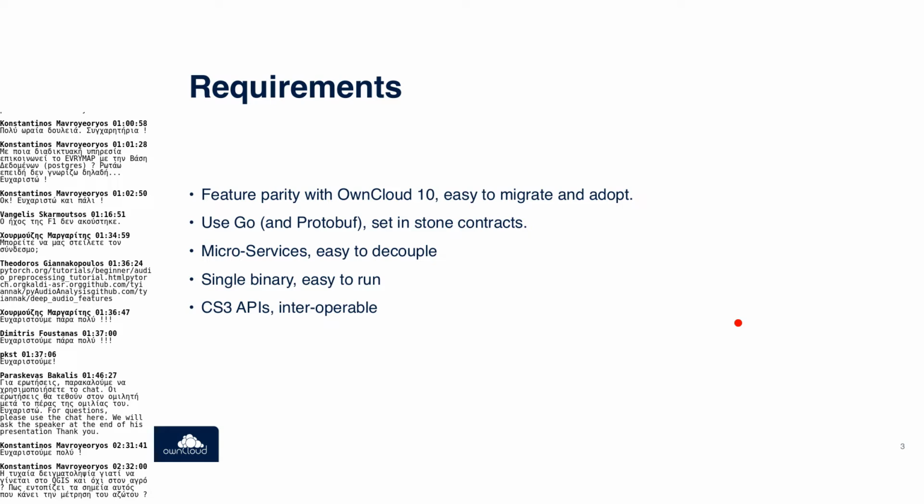And then the bigger change that we followed was that we are collaborating with CERN on what is called CS3 APIs. The CS3 APIs are essentially a higher level interoperability protocol that would allow different clouds to easily aggregate, imagine it like a storage mesh.